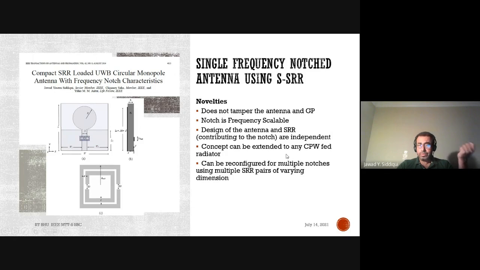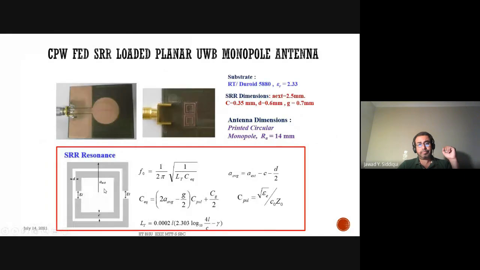I will show you how to introduce the concept and what the critical part of this design is. It can be reconfigured for multiple notches using multiple SRR pairs of varying dimension. The notch frequency will align with the magnetic resonance of the split-ring resonator, which will be excited by the axially oriented magnetic field, which we'll see in the subsequent slides.